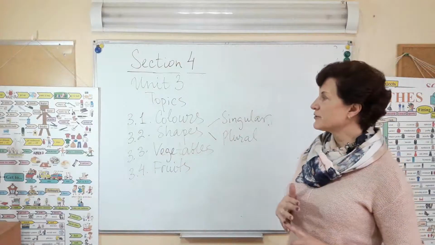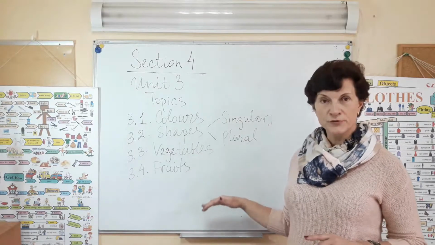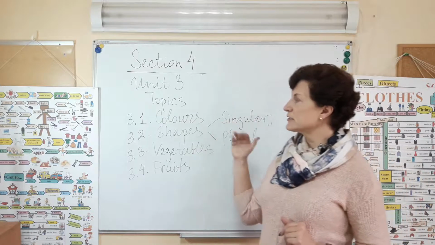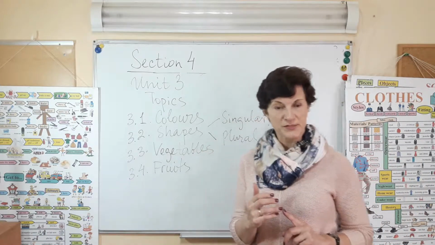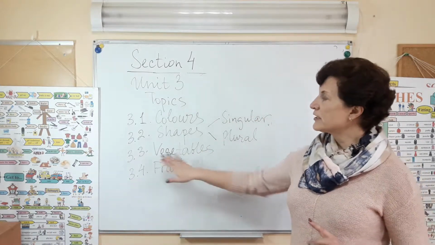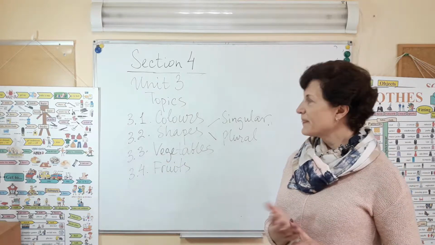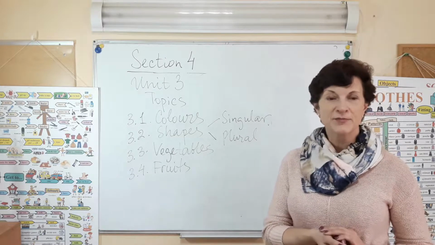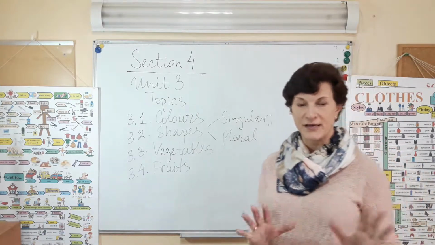The basic vocabulary of vegetables and fruits goes extremely well with numbers, colors, and shapes. So, next point 3.3 of this unit presents vegetables as the basic vocabulary.